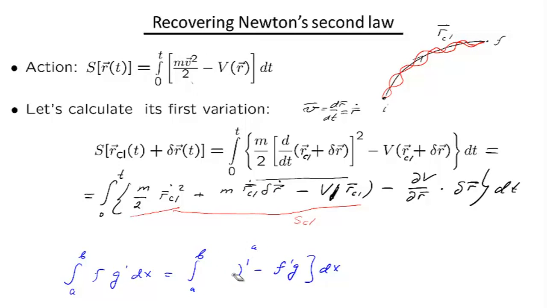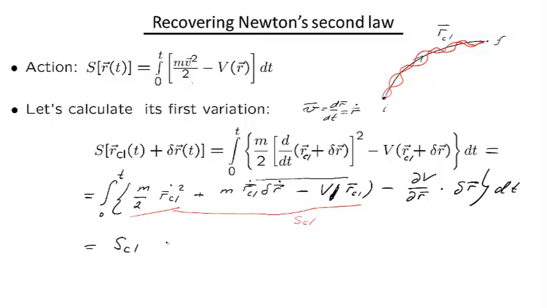If we put everything together, integrating by parts and replacing these terms with the classical action, we're going to have this classical action minus, because there is a minus here and there is already a minus here, the integral from 0 to t of m r double dot, the second derivative because we moved it, plus dv over dr, and everything is multiplied by delta r.